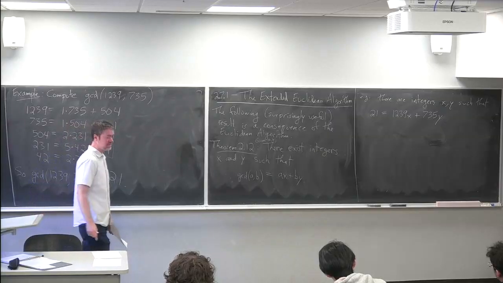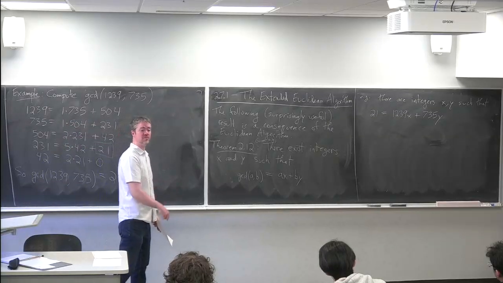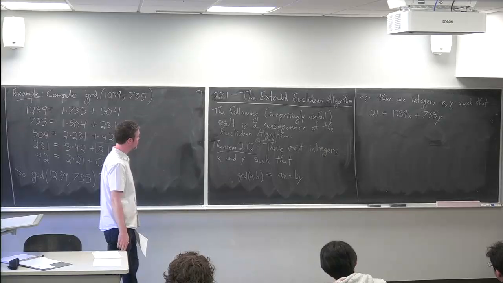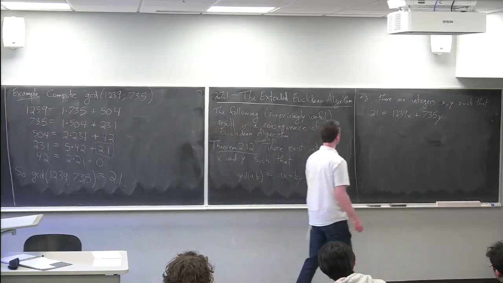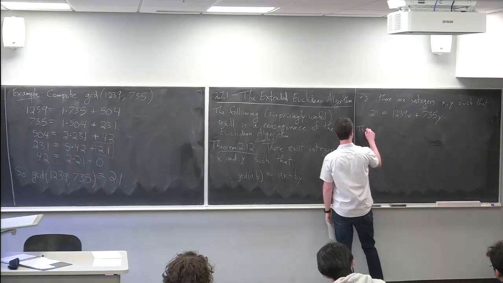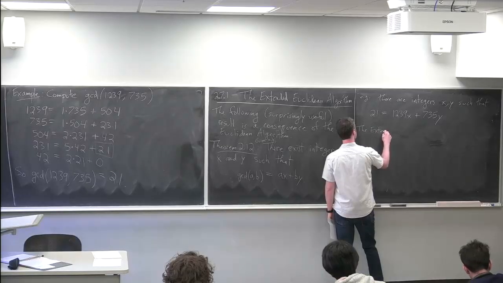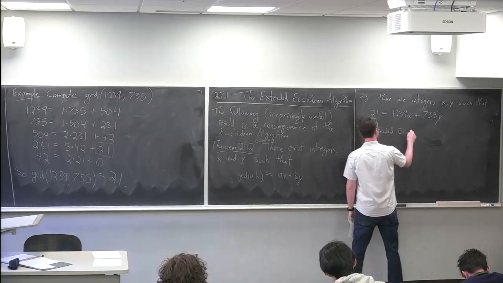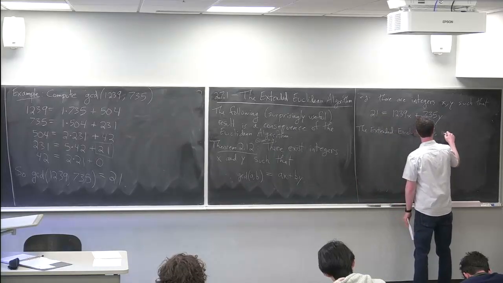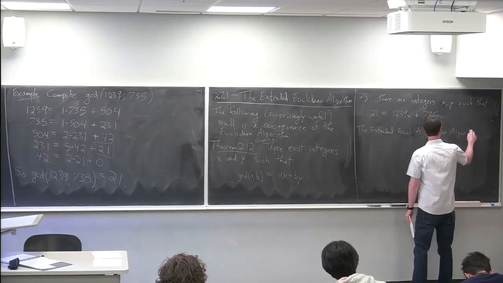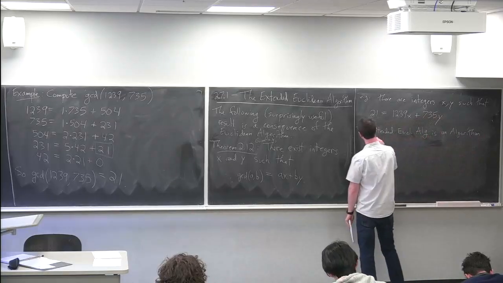It takes some work to find them. And so that is what this extended algorithm is going to be for us. So the extended Euclidean algorithm is an algorithm for finding x and y.